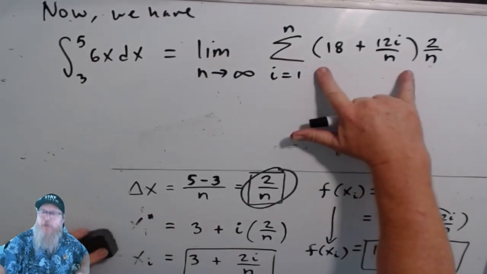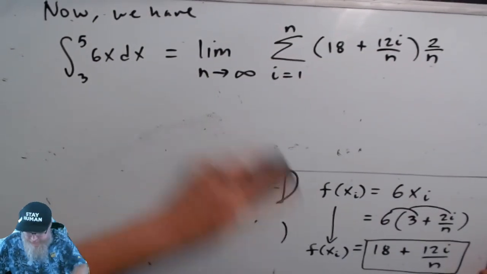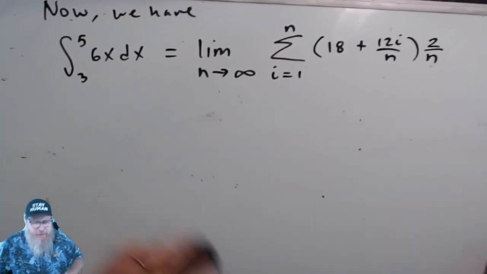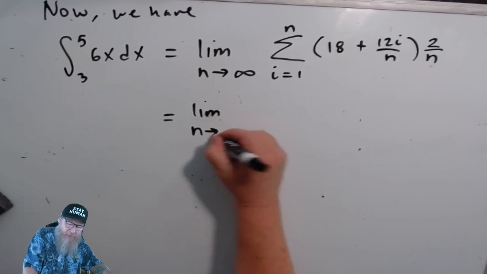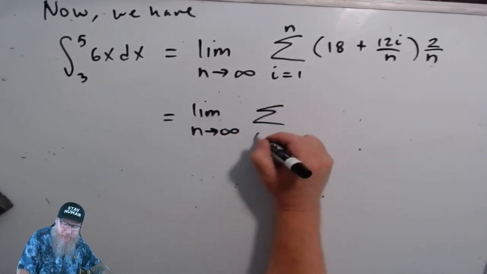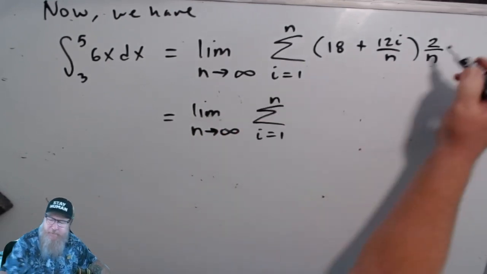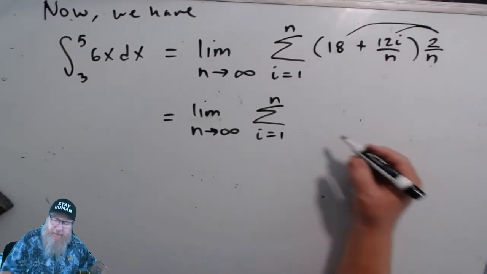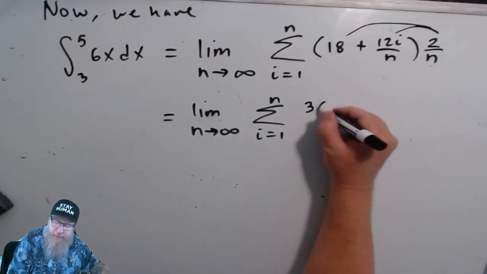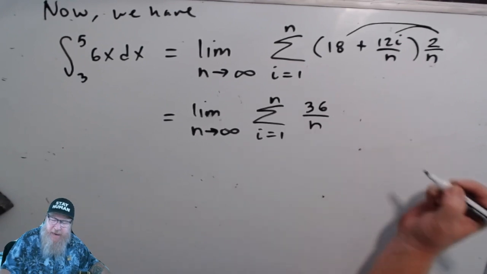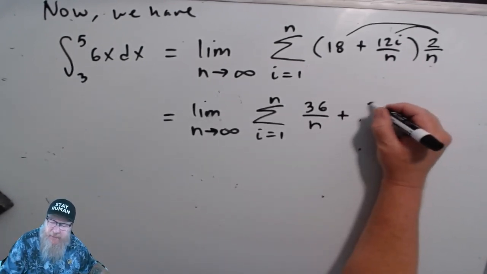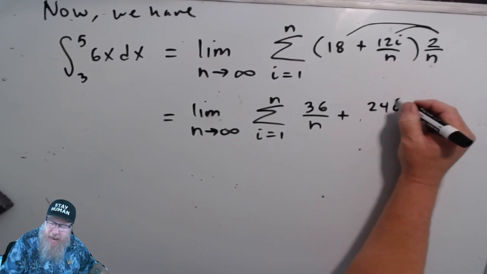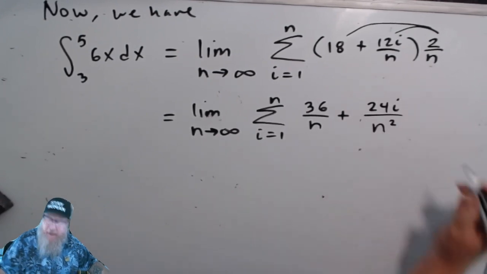It does matter that you have the parentheses initially until you distribute. So then in the next step, you're going to distribute. Go ahead and distribute that. So you're going to get 36 over n plus 24i over n squared.